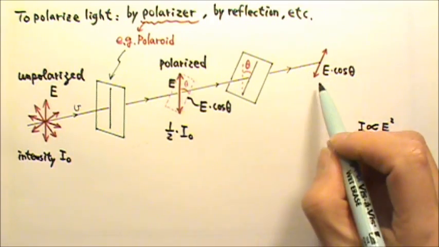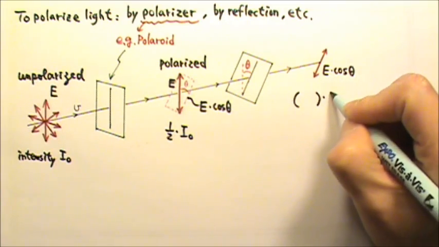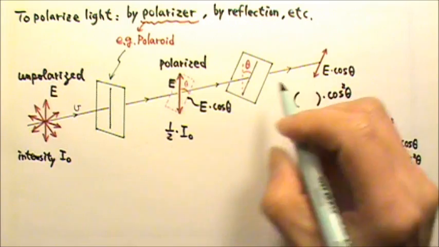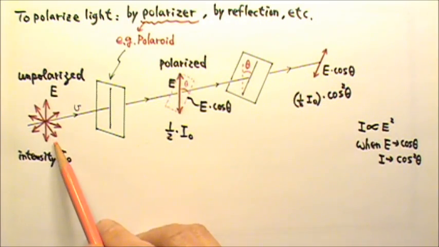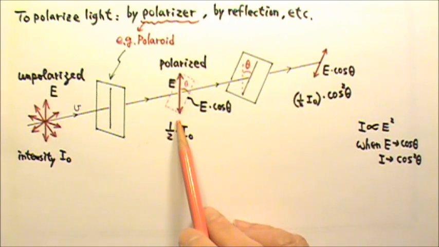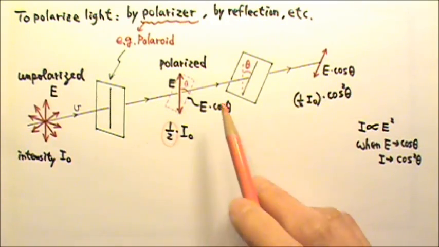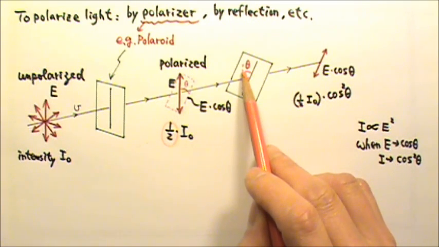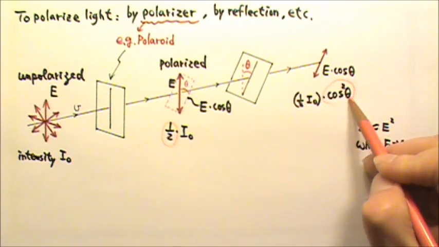Therefore, the intensity on this side is the intensity before times cosine theta squared, and the intensity before is 1/2 I0. So when an unpolarized light goes through a polarizer, the intensity changes by a factor of 1/2. When a polarized light goes through a polarizer at a different angle, the intensity changes by a factor of cosine theta squared.